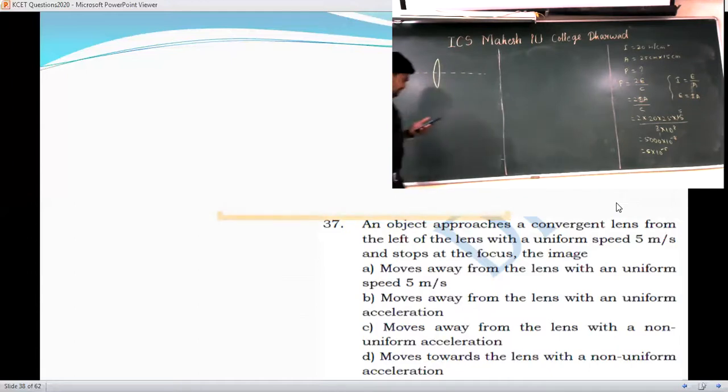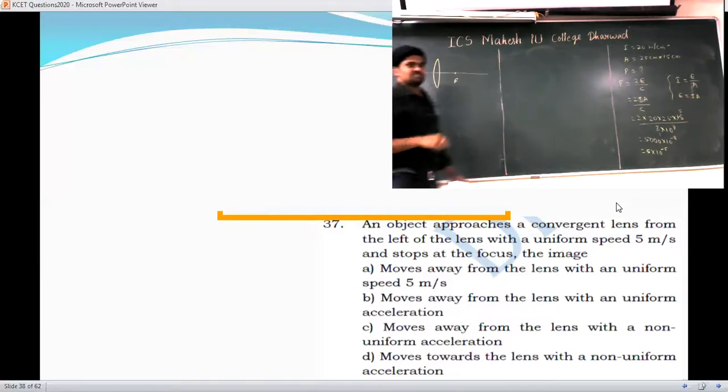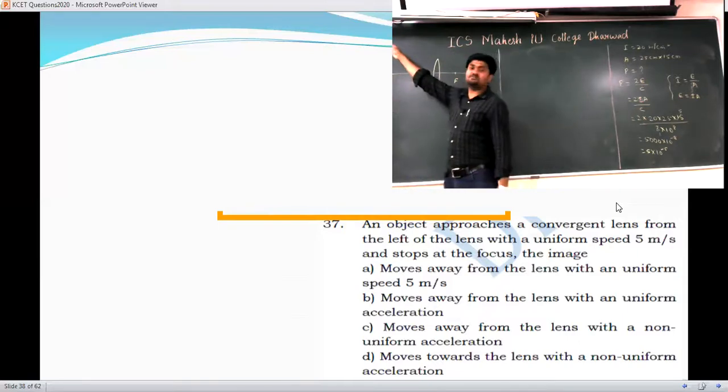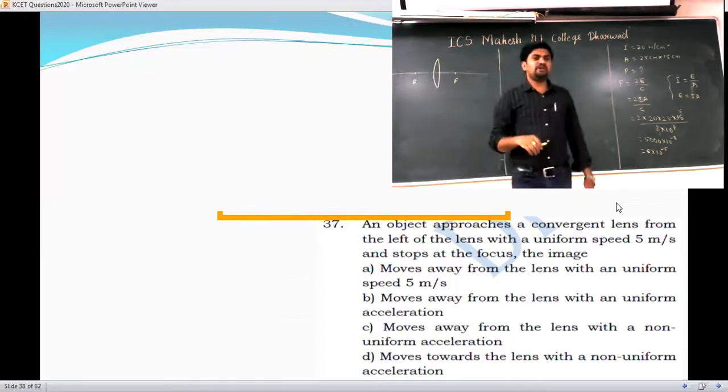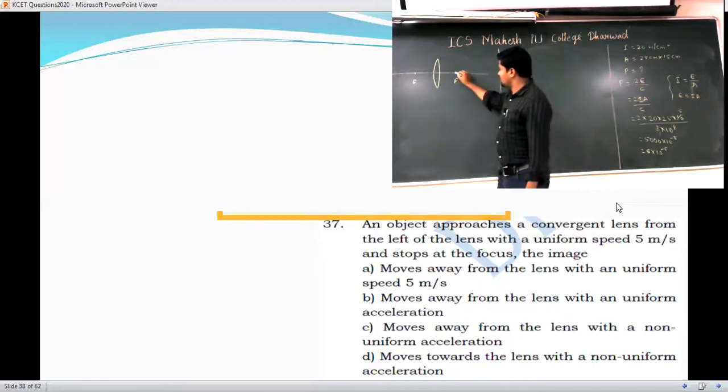If I take the lens here, this is the focus here, and this is the focus. Suppose the object is at infinite distance. Where do you find the image? You will find the image at the focus.